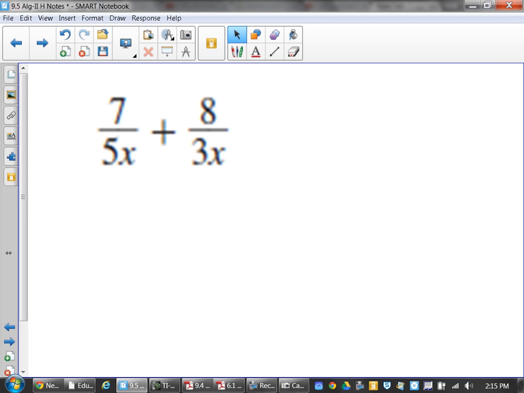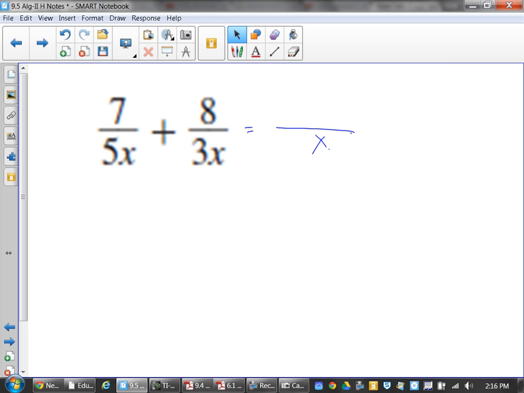It's the same process. It's the same thing. It doesn't change from the complicated one I showed you to the easy one now. When you have 7 over 5x plus 8 over 3x, notice how both denominators have what in common? X. They both have an x in common, don't they?